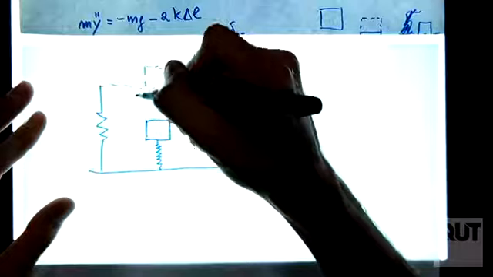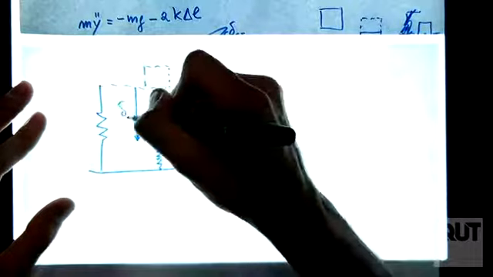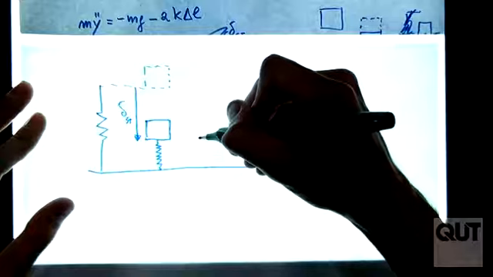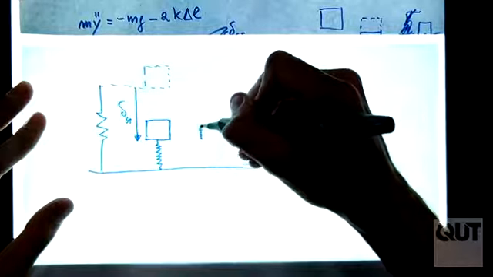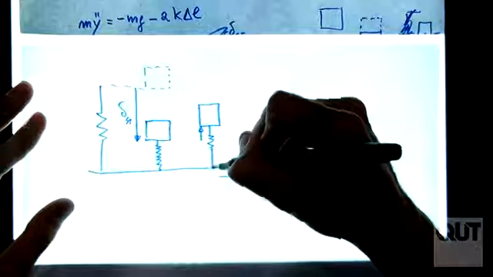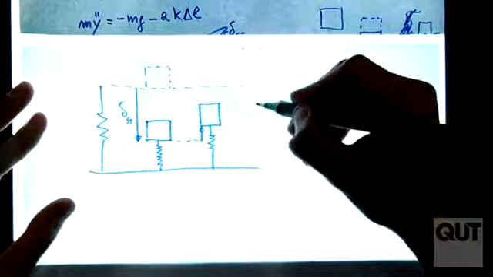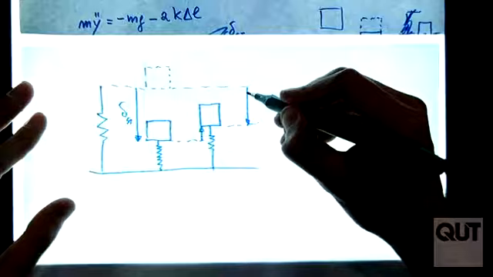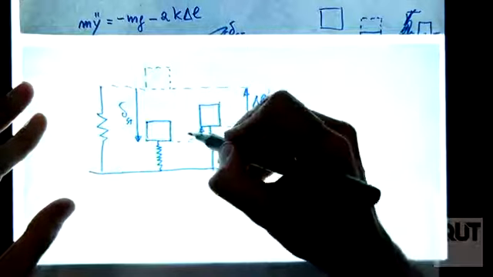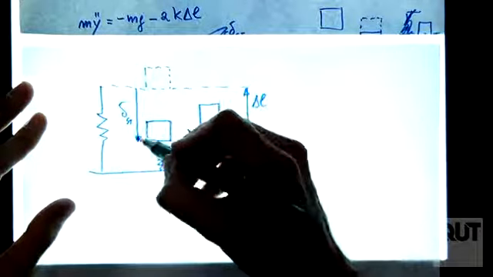So this is delta L. And now it moves by a certain amount, and it goes here. Good, this time I did it right. So this is delta L. This is y, because I decide to put the equilibrium position here.